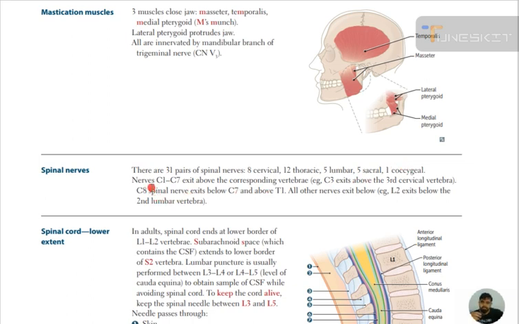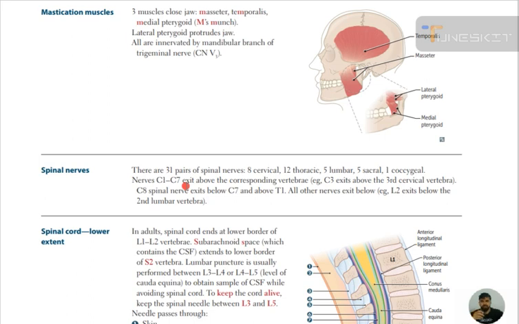So the nerves, spinal nerves 1 to 7, exit above the corresponding vertebrae. This you should remember. Spinal nerve 3 exits above the third cervical vertebra.